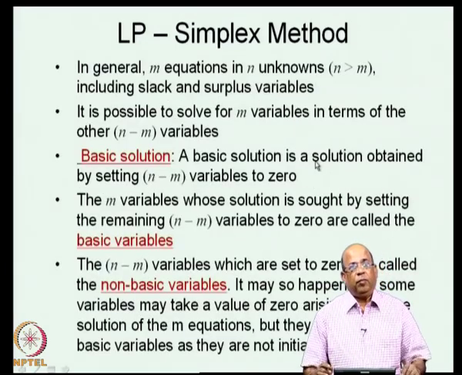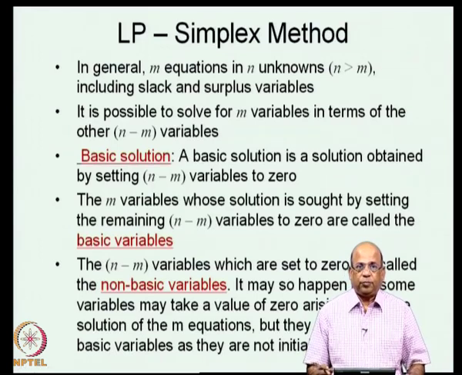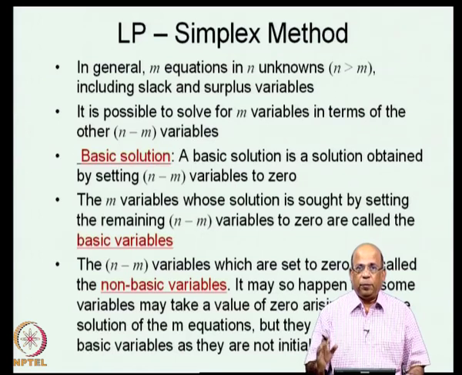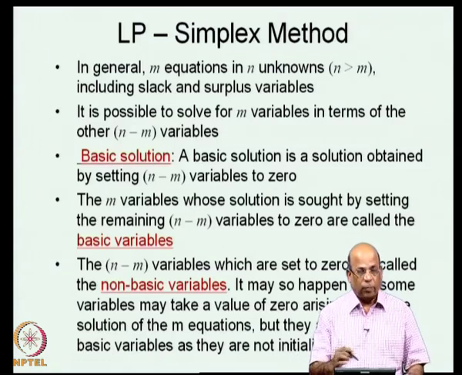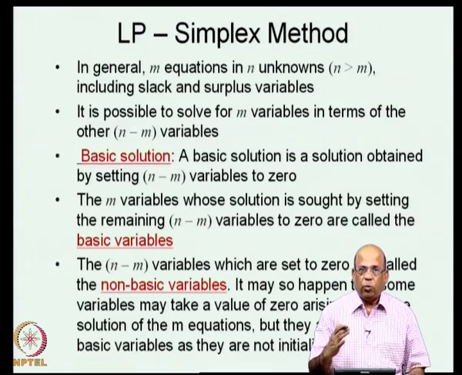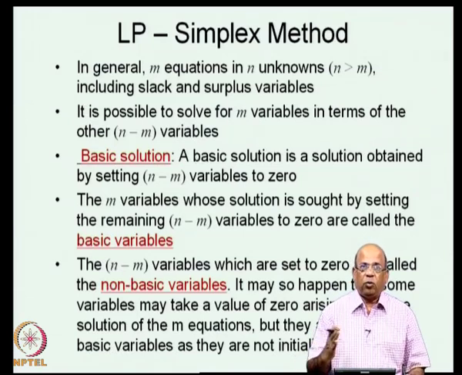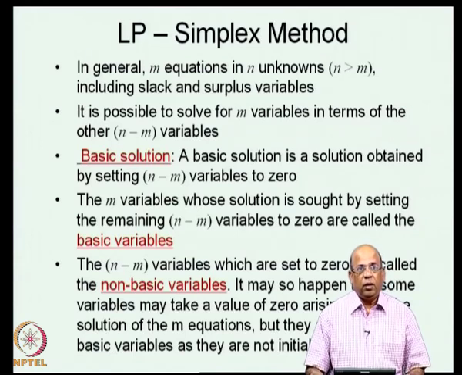Further, what we do is set n minus m variables to 0 and then obtain the solution for the remaining m variables. In the example that we are talking about, you had 2 equations and 4 unknowns. So, we can set 2 variables to 0 and obtain the solution for the remaining 2.